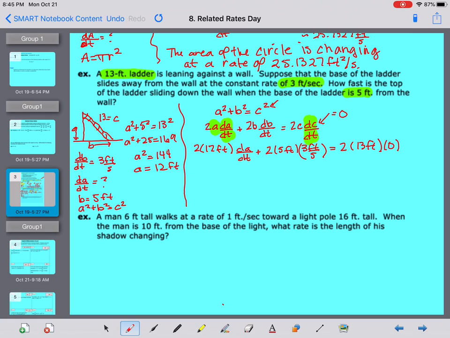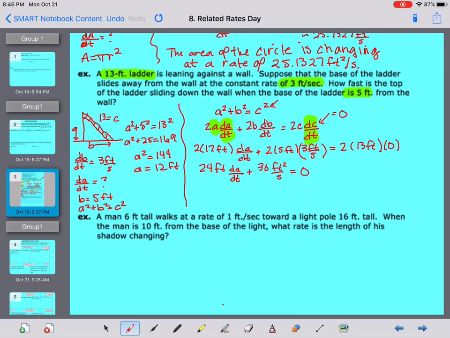So now it's just a matter of actually calculating. So we get 24 feet dA/dt plus, and then 2 times 5 times 3 gives us 30, and we get feet squared per second. And then this is going to equal 0.